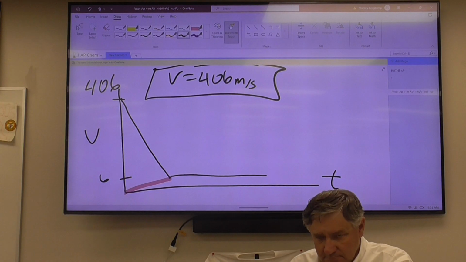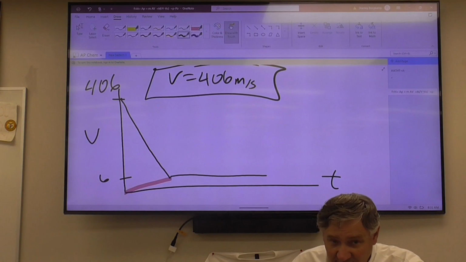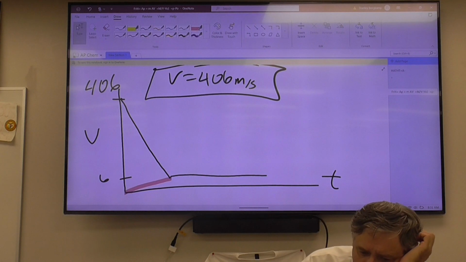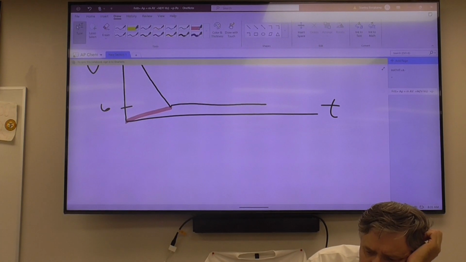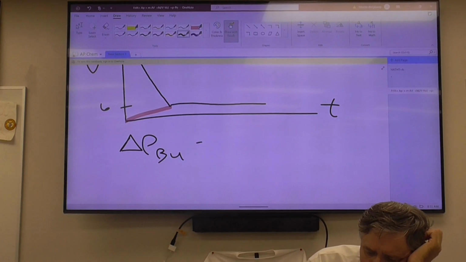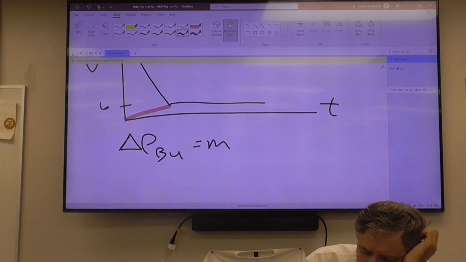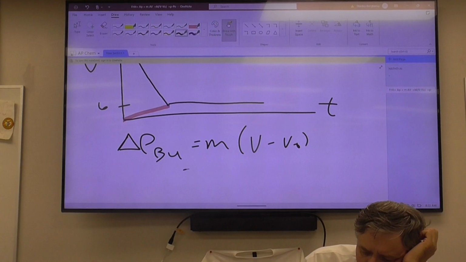Do I have enough information to calculate the change in momentum of the bullet? Yes. Do I have the mass of the bullet? Yeah. The initial velocity? Yeah. The final velocity? Yes. So I can do this all day long. The change in momentum of the bullet is mass times V minus V naught.